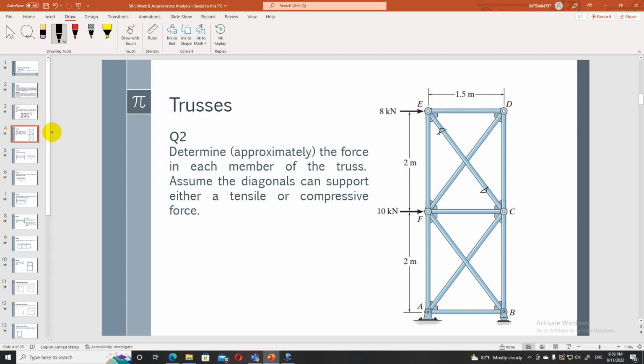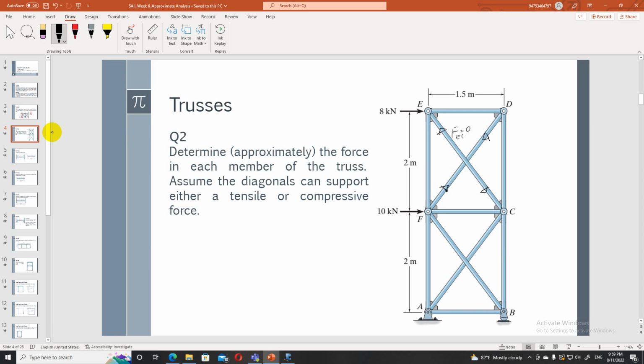So if I assume this member cannot carry compressive forces, I can think of this as a zero force member. So this FEC is 0. So then the entire stability depends on this member, and this member is going to carry tensile force.